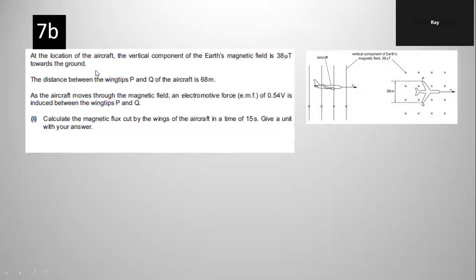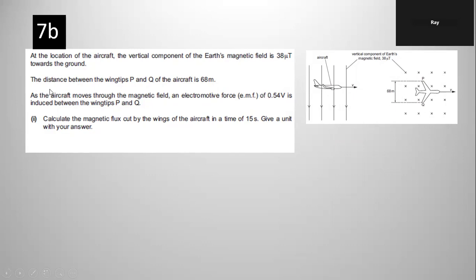At the location of the aircraft, the vertical component of the Earth's magnetic field is 38 microtesla from here towards the ground. The distance between the wing tips P and Q is 68 meters.